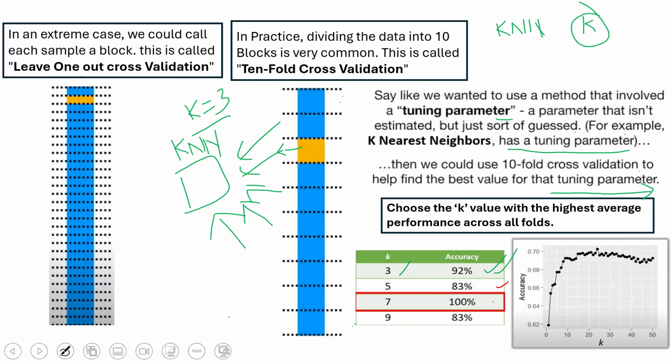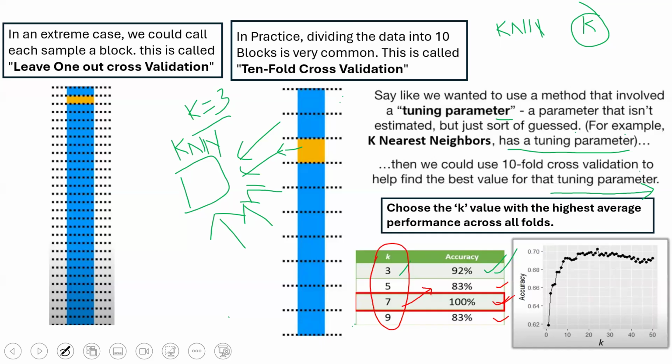When K is equal to 7, we got 100%. When K is equal to 9, we got 83%. Given these summarized results, we choose the tuning parameter K as 7, because that gave us 100% accuracy.